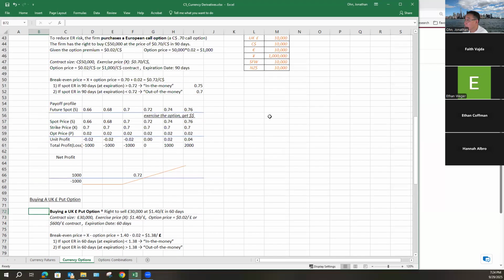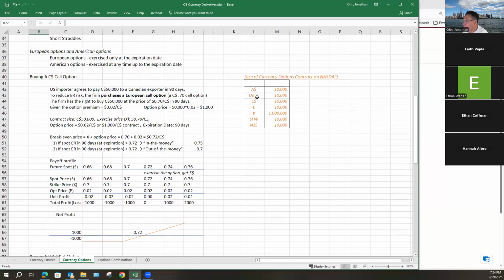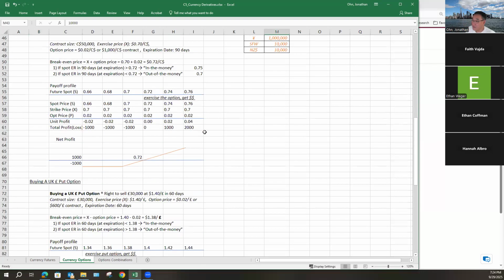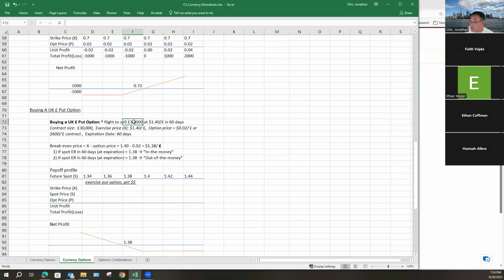The unit size for British pound is 10,000, so this one is 3 contracts, with $1.40 as the strike price, the exercise price, in 60 days. So contract size is 30,000.